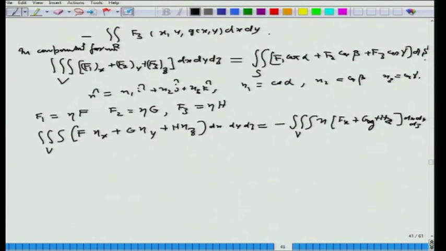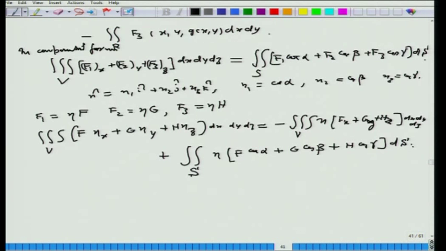Now, that boundary term is a surface integral over the surface S of eta times f cos alpha plus g cos beta plus h cos gamma ds.